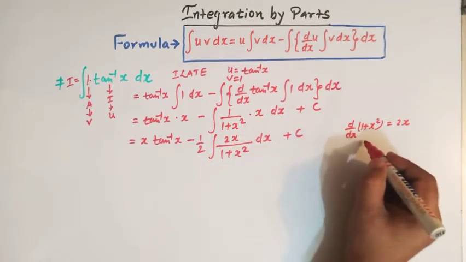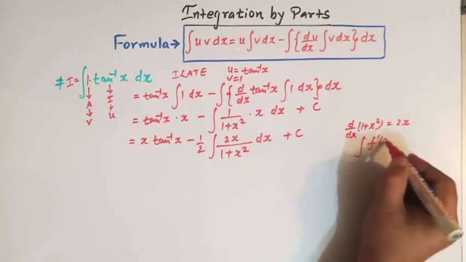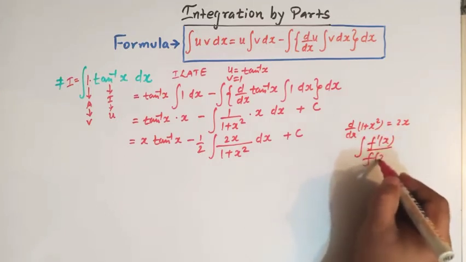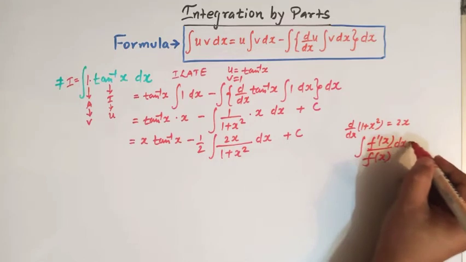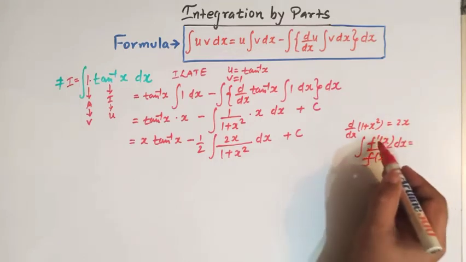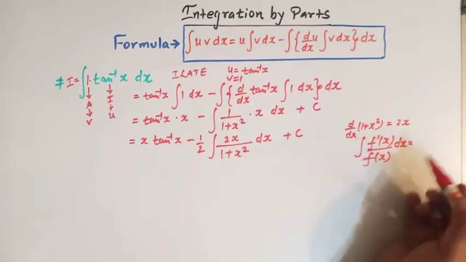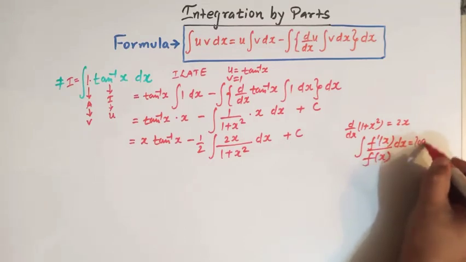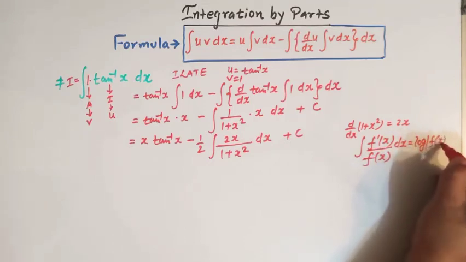Here we will make use of the fact that if we have an integral of this form, where f(x) is the function and f prime x is the derivative of f, this can be written as log of f of x.